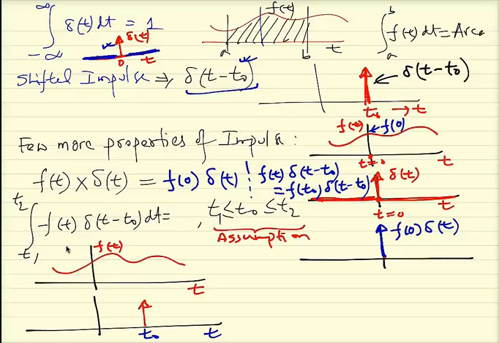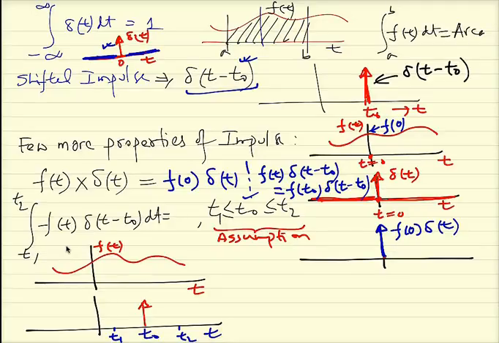We have already written f(t), and then you have t1. Suppose this is your t1 and this is your t2. It can be any value, as long as t naught is in between t1 and t2. It's a point in time which is in between t1 and t2.